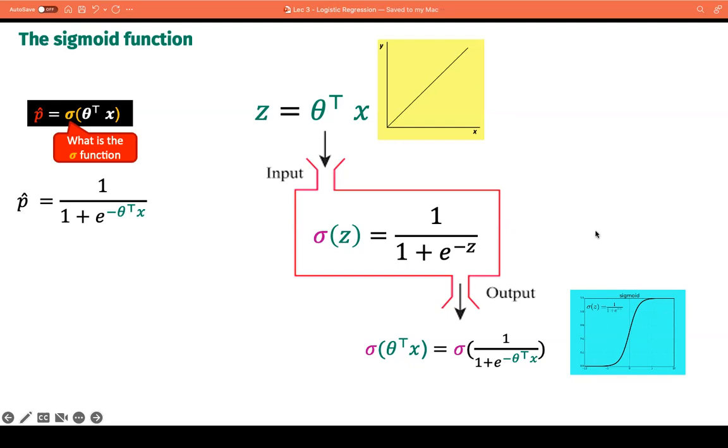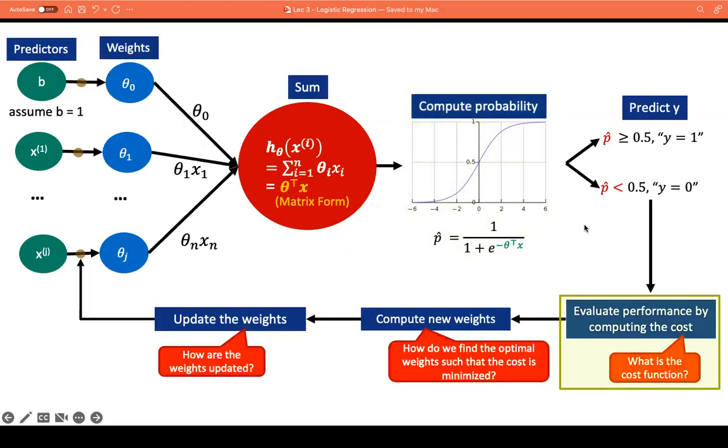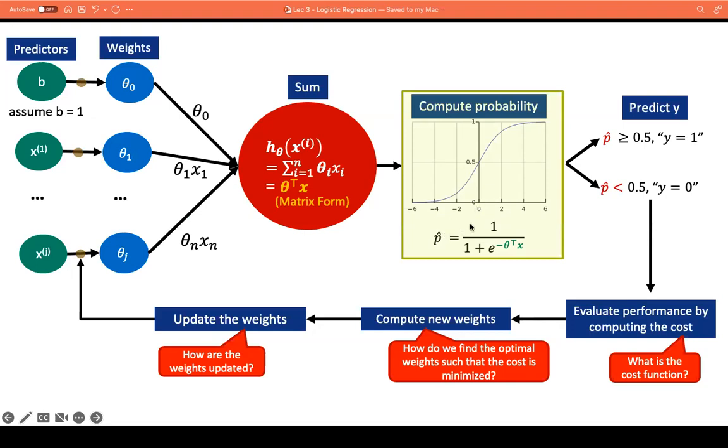Okay, so now let us replace this with 1 over 1 plus e raised to negative of the weighted sum of the predictors and weights. Now that we have the probability, we can predict the classification of y, whether it is 1 or 0, depending on its value.